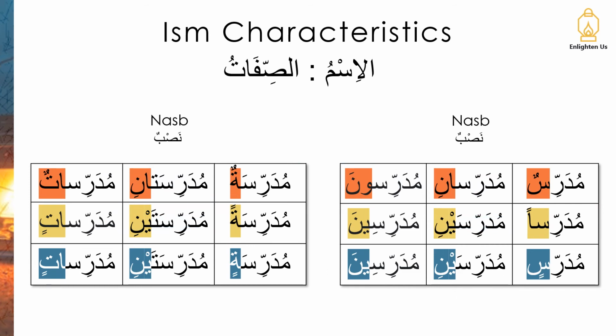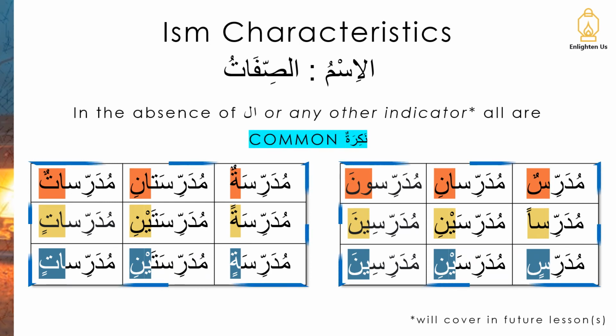The second row, that is your nasab version, and the final row, that is your jar version. Now, in the absence of al or any other indicator, and we'll look at the other indicators of properness later, all of these words are common.